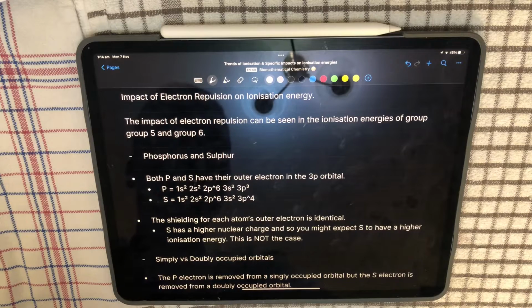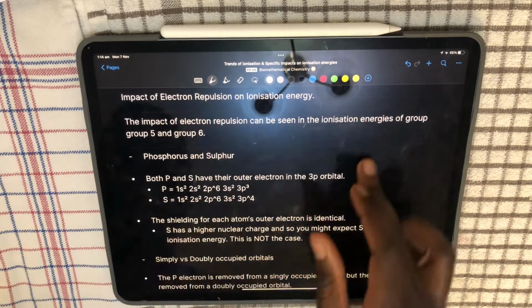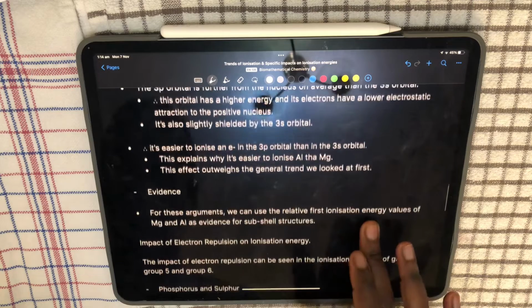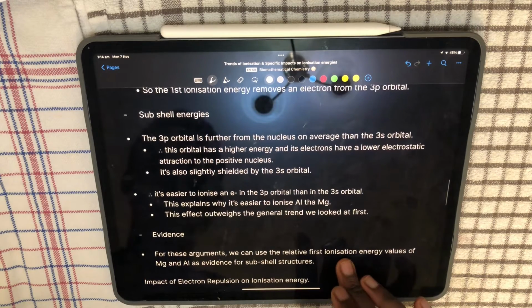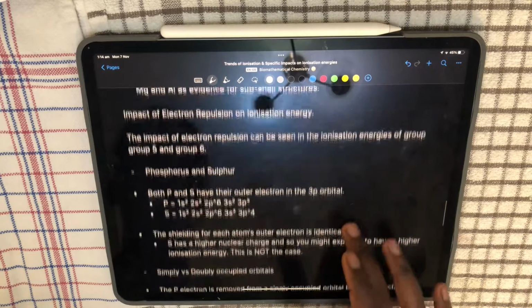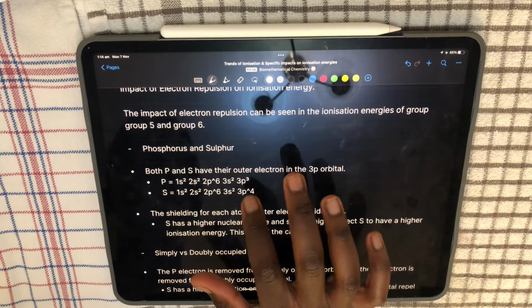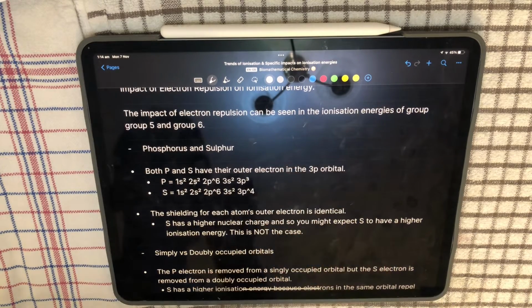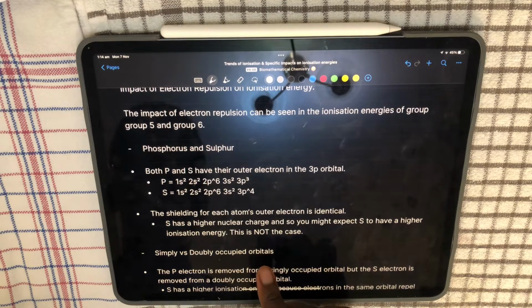The shielding for each atom's outer electron is identical. It's not like the previous one, where in aluminium it's slightly shielded by the 3s orbital. They're both in the same subshell here, so that's not a problem.